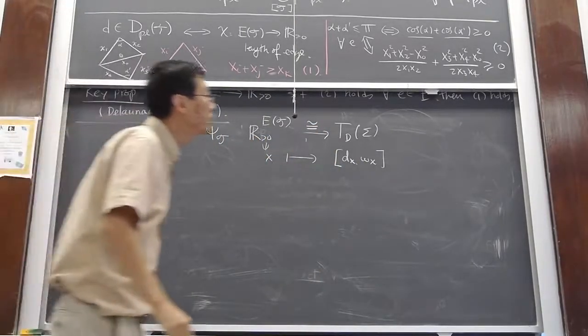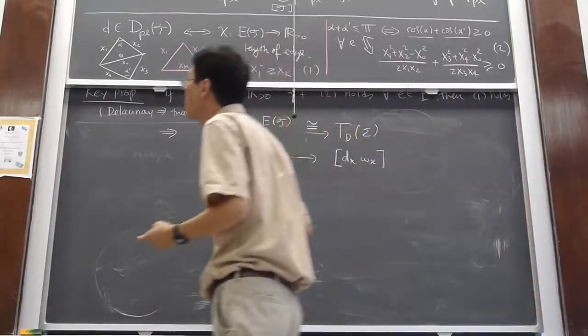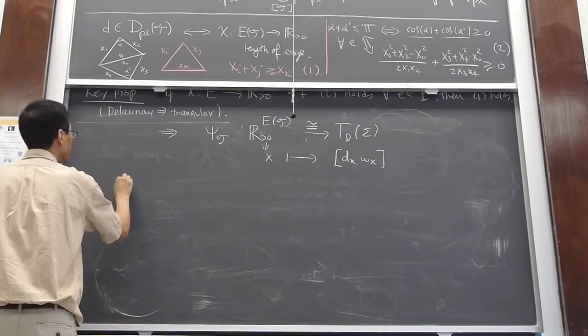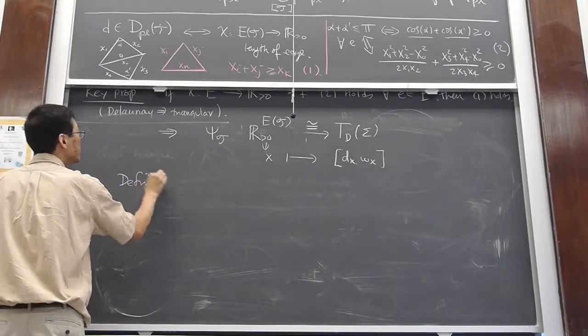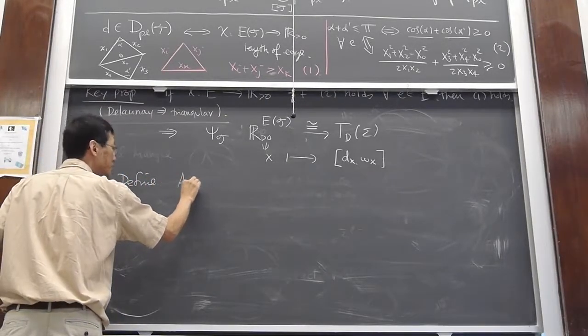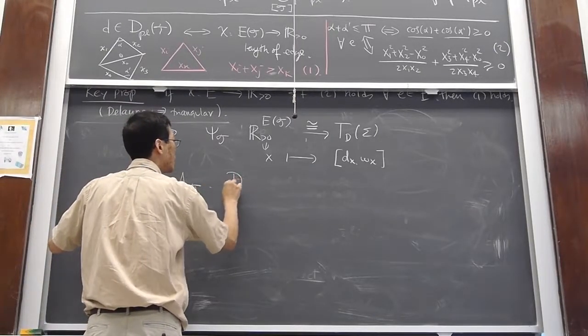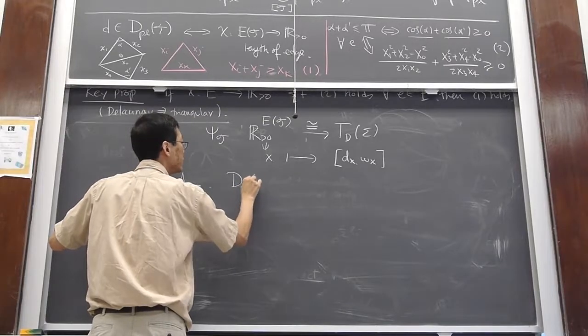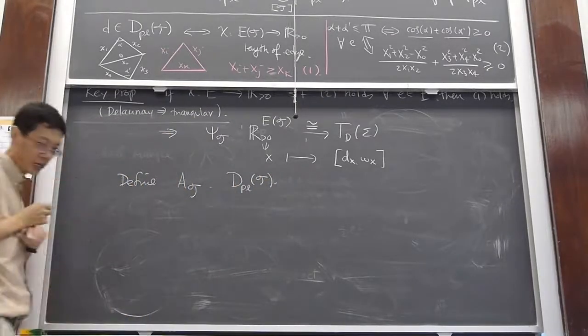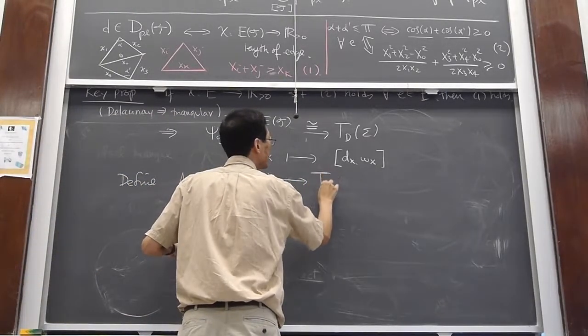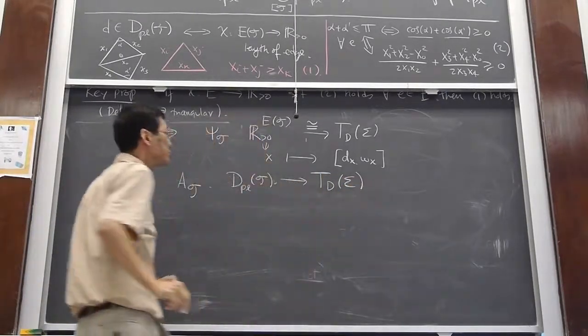Okay. Now let me tell you how the map goes. This map from here to here goes as follows. Define the map cell-wise: I fix a triangulation, and then send points which are PL Delaunay in the triangulation to the decorated Teichmüller space as follows.